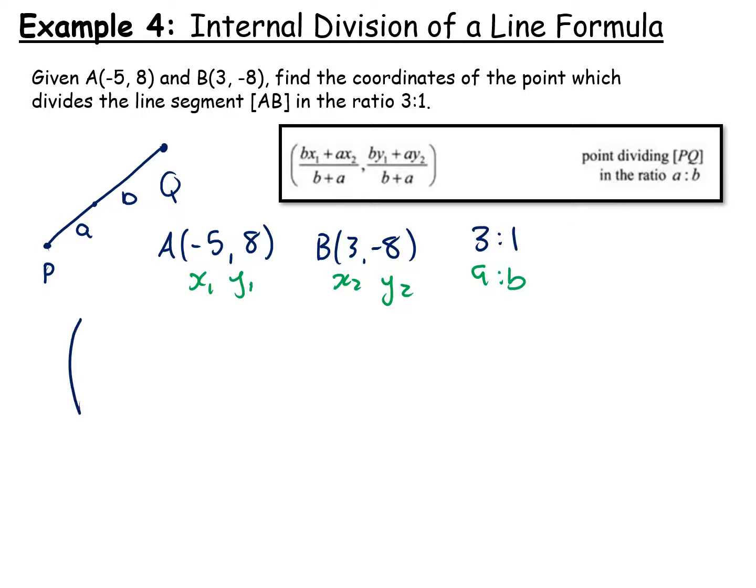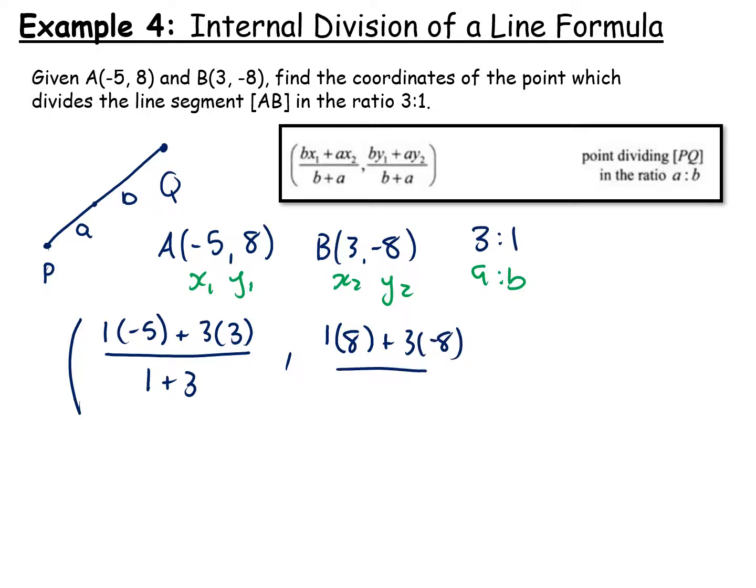So our formula is B times X1 plus A times X2 all over B plus A. That gives us our X coordinate. And then B times Y1 plus A times Y2 all over B plus A. Tidying that up, we get 4 over 4.